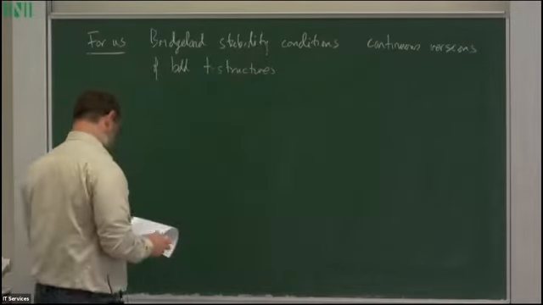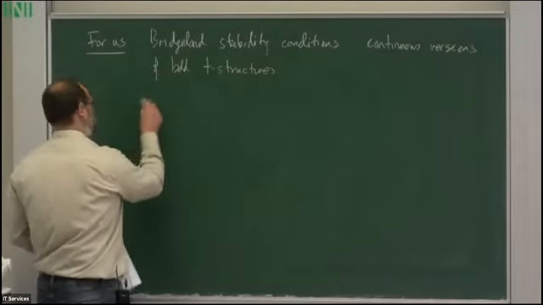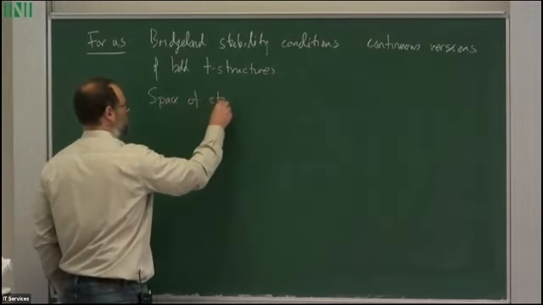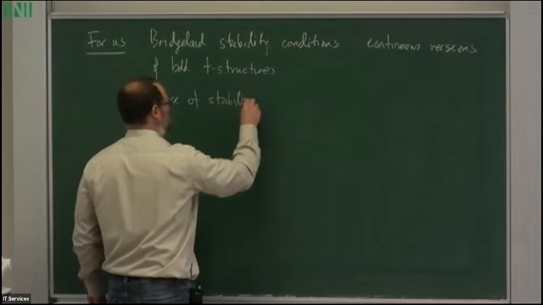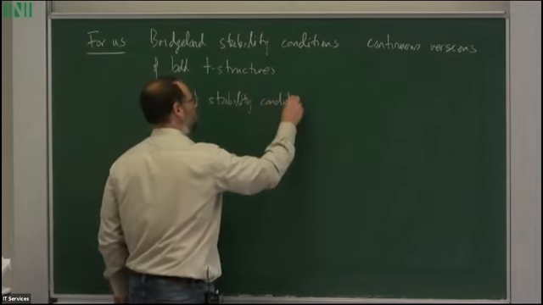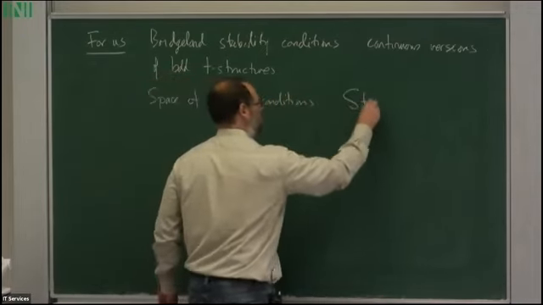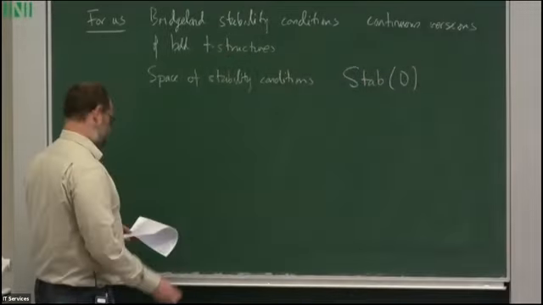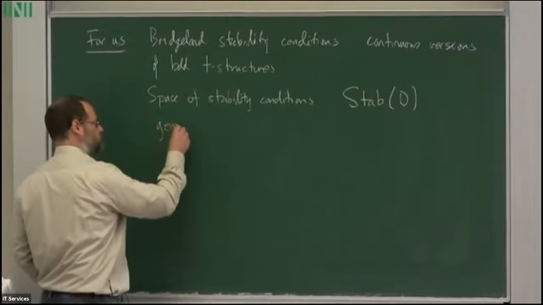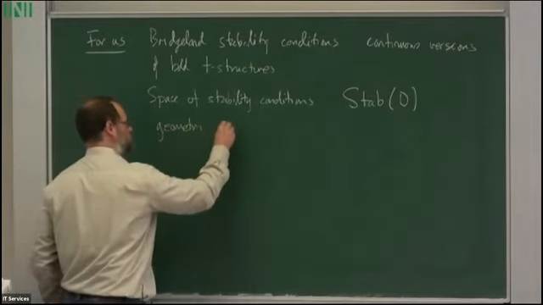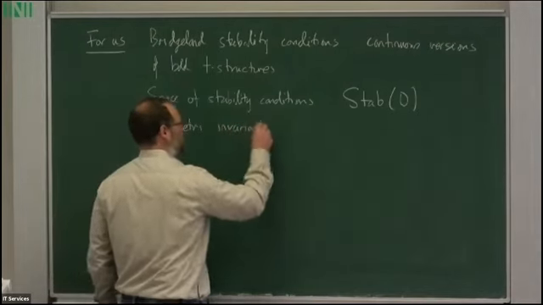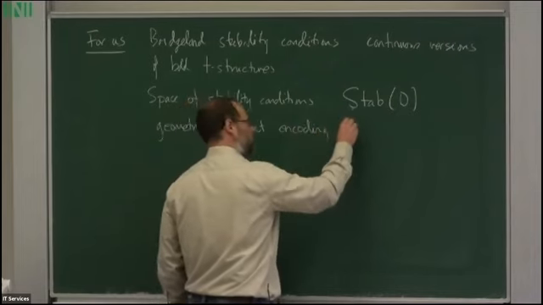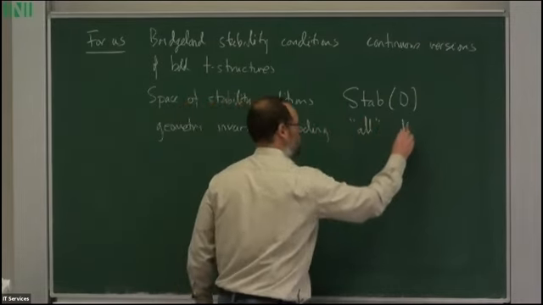And so the space of stability conditions, which is written as Stab D, is a geometric invariant encoding all the cohomology theories.